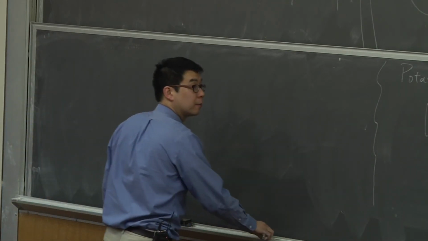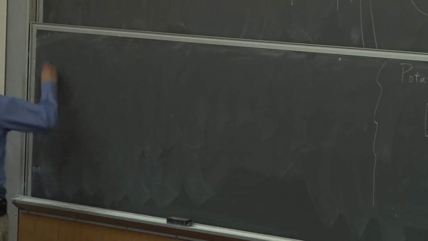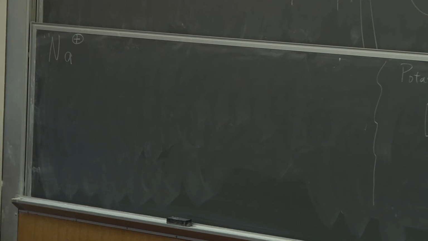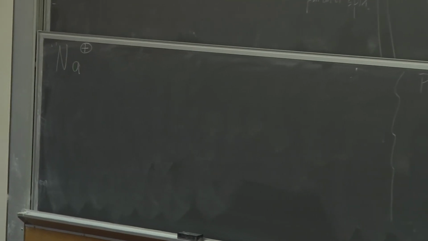Let's try one. Now we have a charge. So it loses an electron. So sodium starts with 11. So draw the orbital diagram.